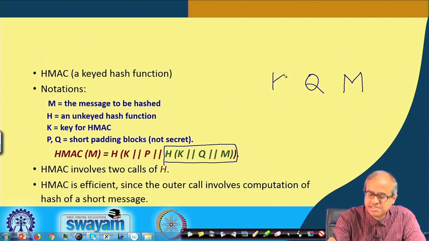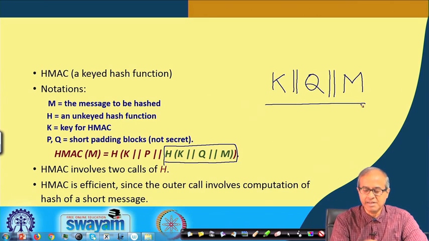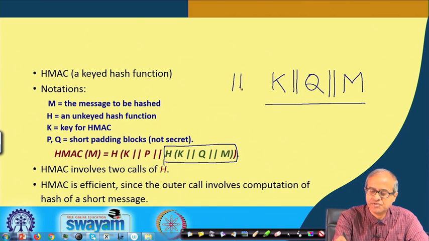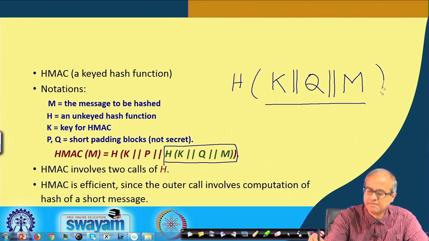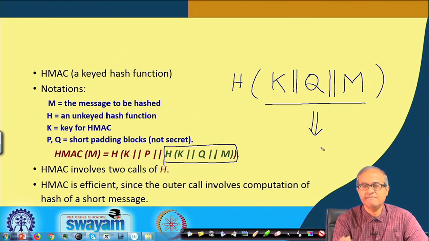You also put this k, you append these three things together, side by side, and then you apply the hash function on this whole thing. This is the first step, and if you apply the hash function, you will be generating a hash digest. If it is SHA-1, it will be 160 bits.